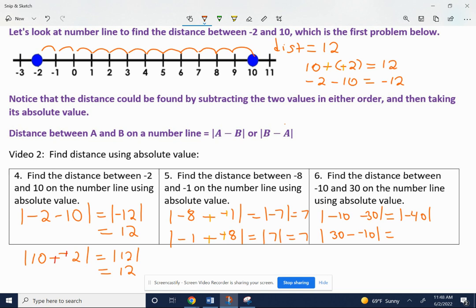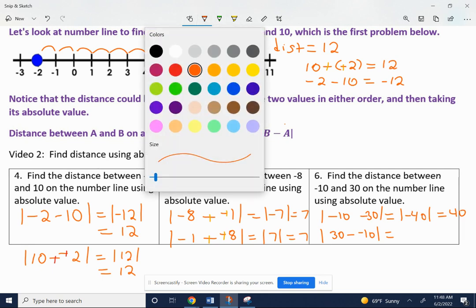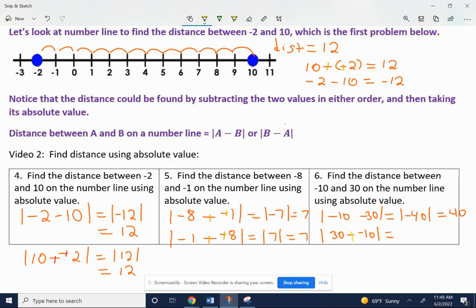So it's the absolute value of -40, which is 40. The absolute value of 30 minus -10, I better change that to plus a positive. So 30 minus -10 is 30 plus 10, so we get the absolute value of 40. And the absolute value of 40 is also 40.